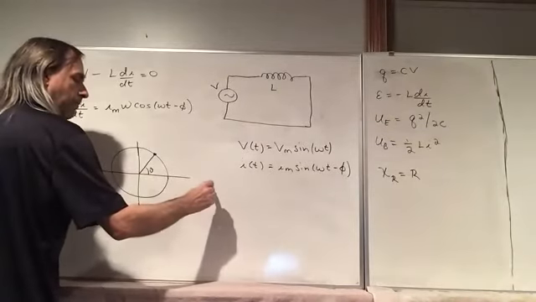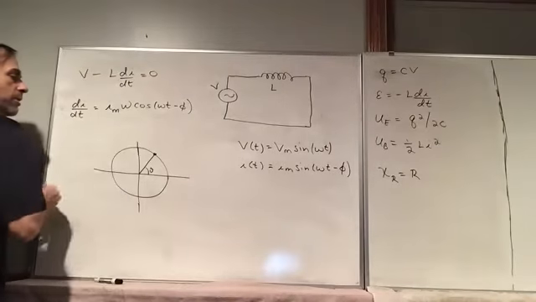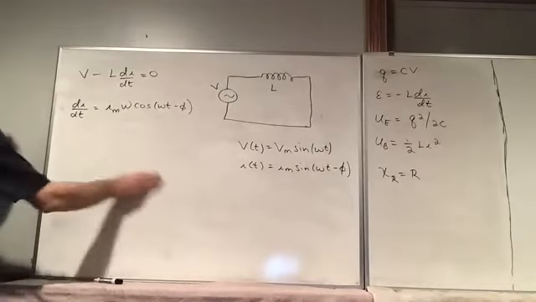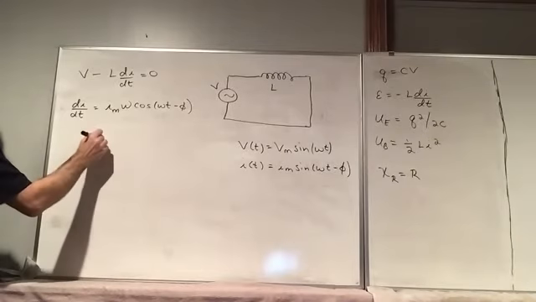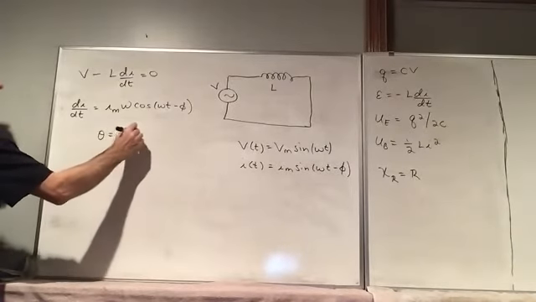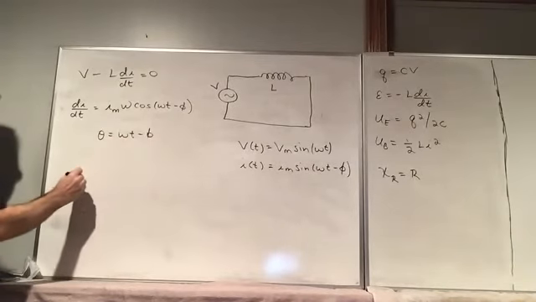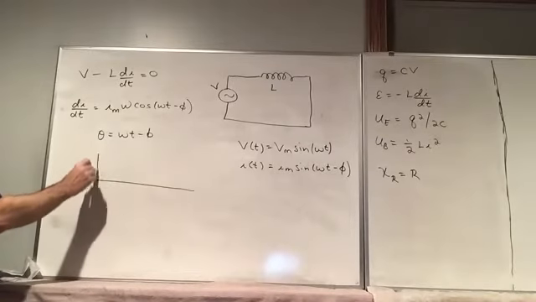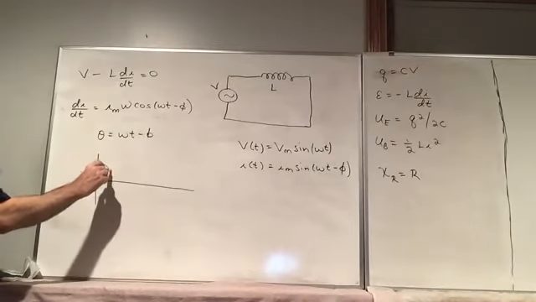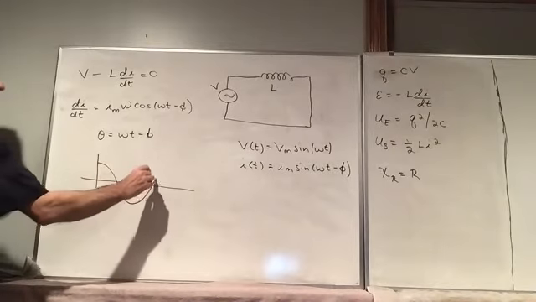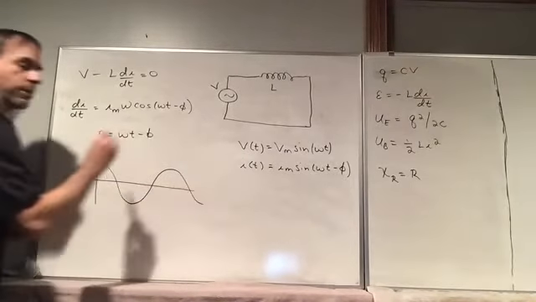I think a better way than a unit circle. Let's say theta equals omega t minus phi. And so if we plot cosine of omega t minus phi, it looks like this.